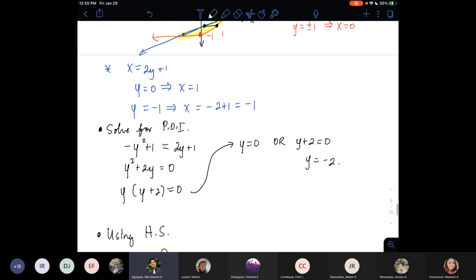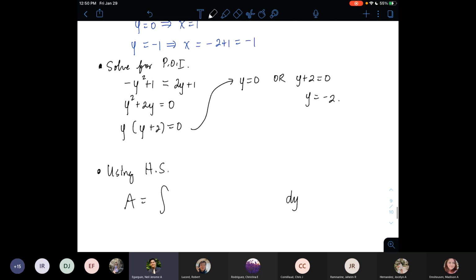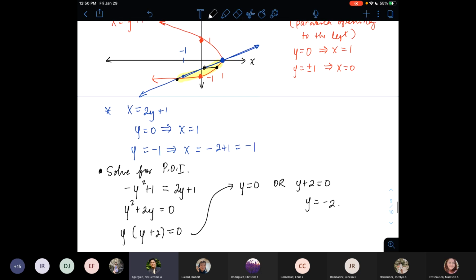So my hunch is correct that it won't start at -1. It will actually start here where y is equal to -2. Okay. So that means here my bounds would be starting from -2 until 0 of what is the right function?